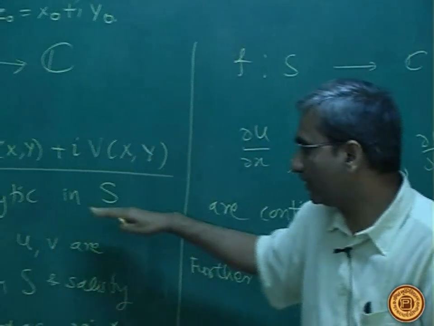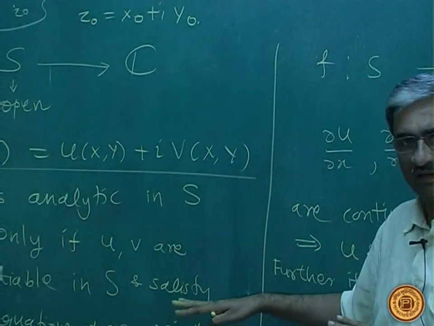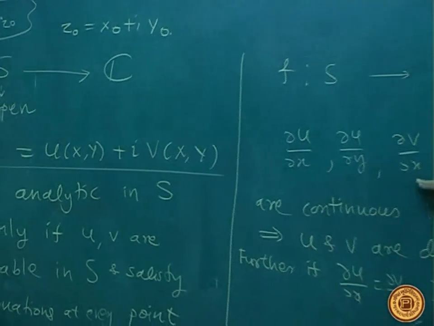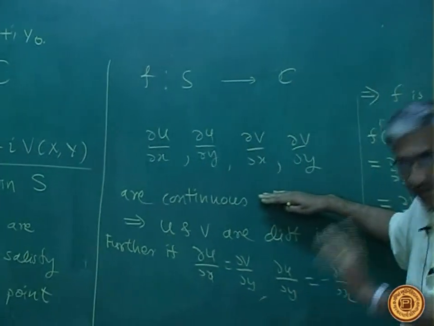Just analyticity is what? u and v are differentiable. And if we assume that first order partial derivatives are continuous, then that will definitely guarantee analyticity.